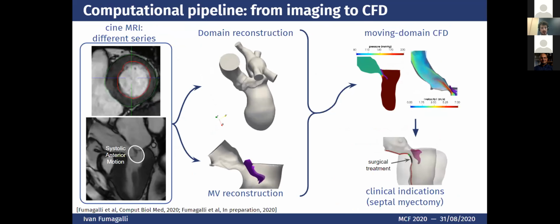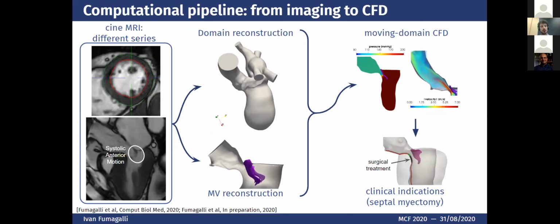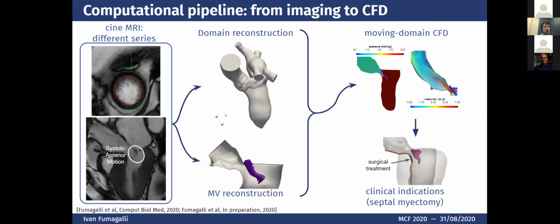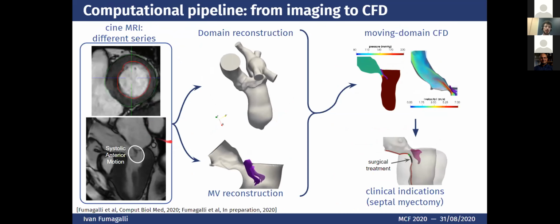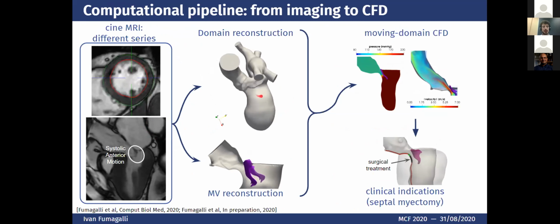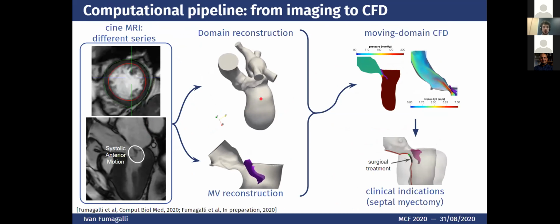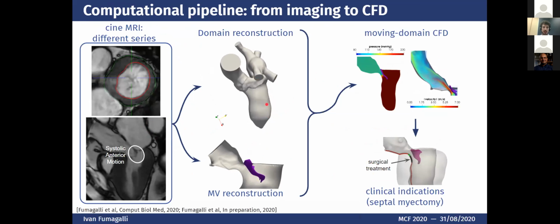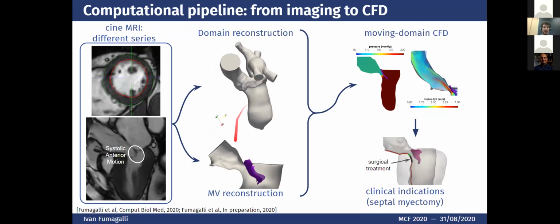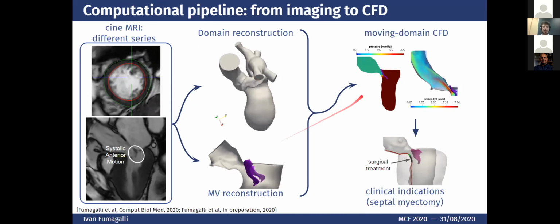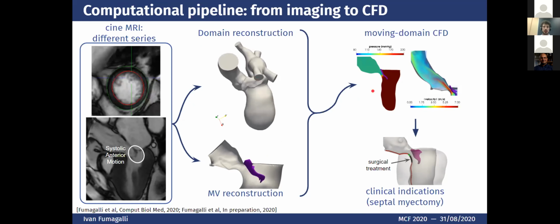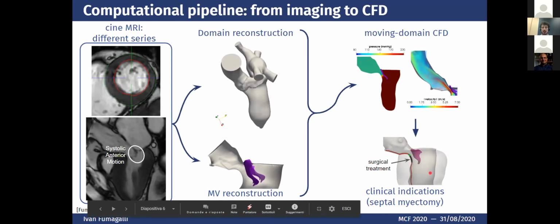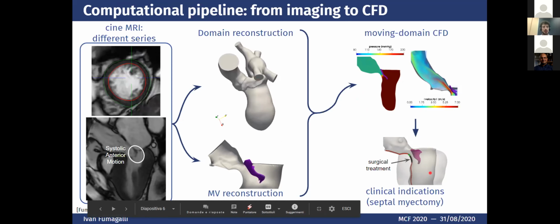In order to do that, we developed a pipeline that starts from cine MRI, from diagnostic images, and reconstructs from that the domain of our blood pool and also the valves that are related to this left heart. In these geometrical settings, we set up a computational fluid dynamics simulation in the moving domain, and this will allow us to derive some clinical indication, as I will show.